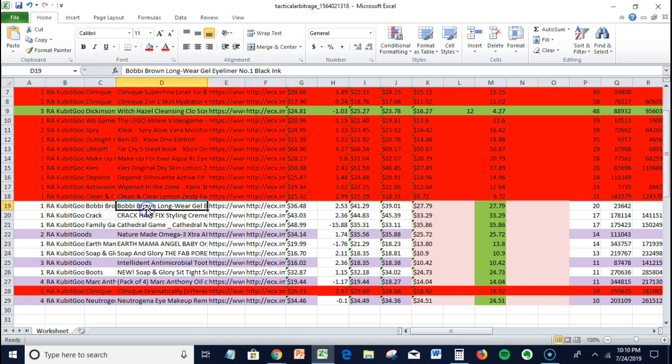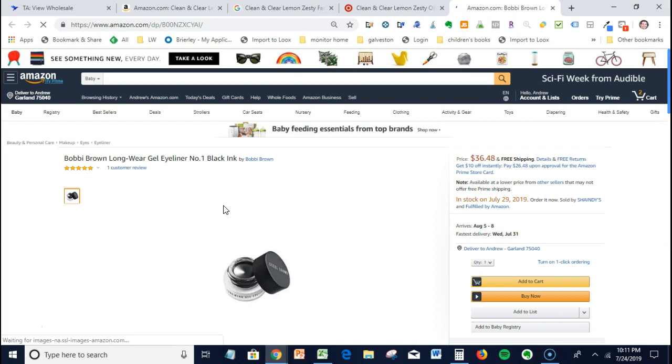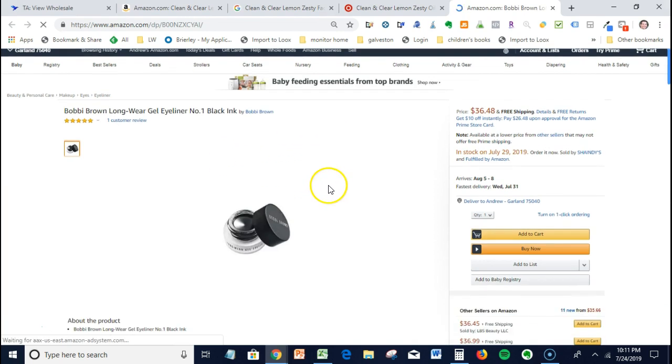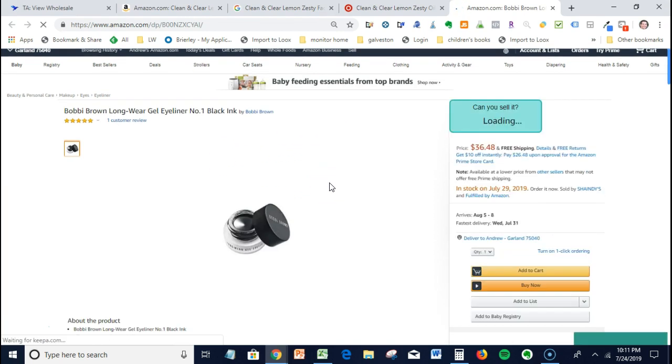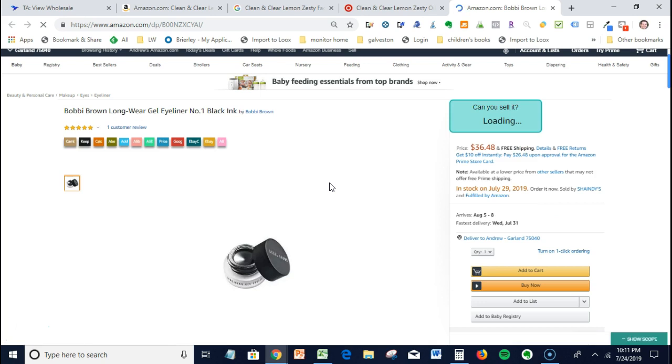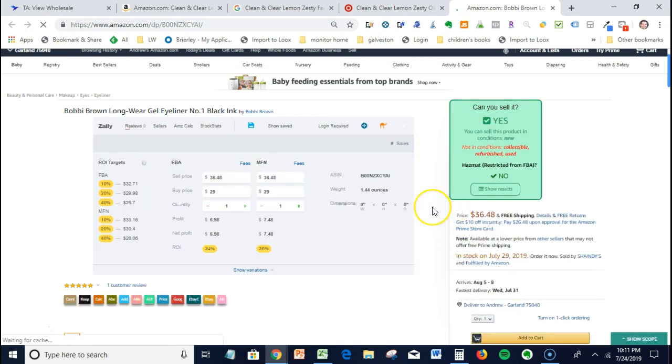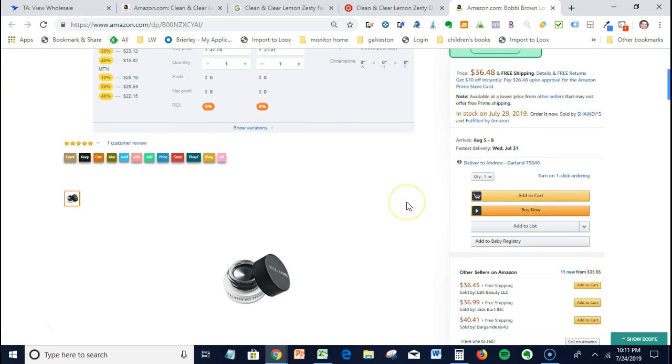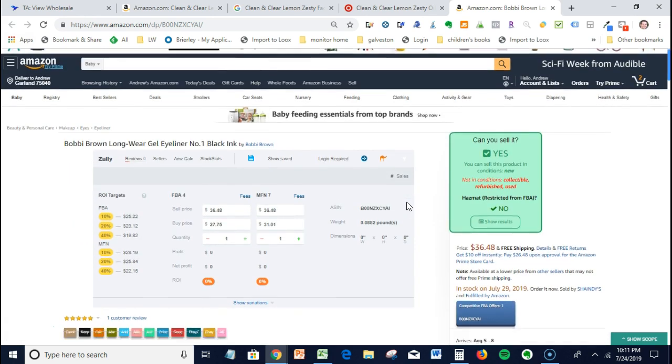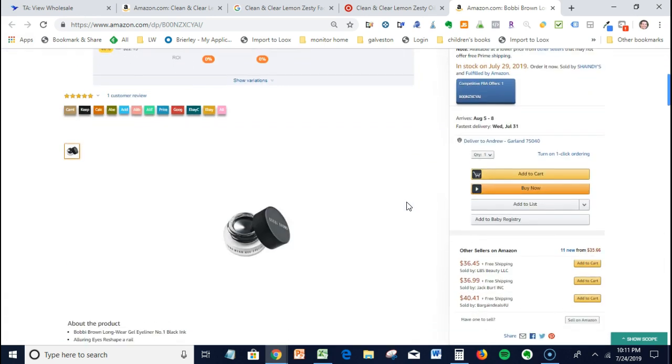Okay. Bobby Brown. Profit is $28. Okay, and I know, Randy, you already did this one, so it's good that we're both going through this. I think this is one of the ones you were talking about. This one's $36.48.